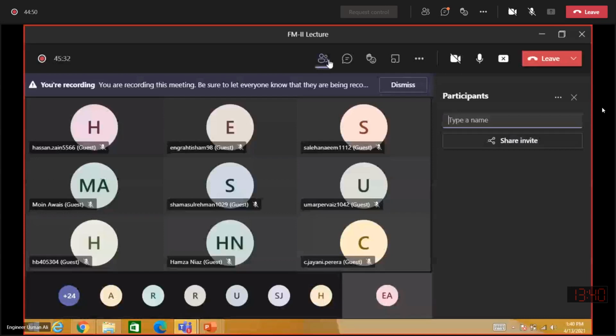First of all, introduction. What are the different forces that a body which is immersed in a fluid will experience? Whenever there is a relative motion between body and the fluid, the body will always experience a force. It has two components.